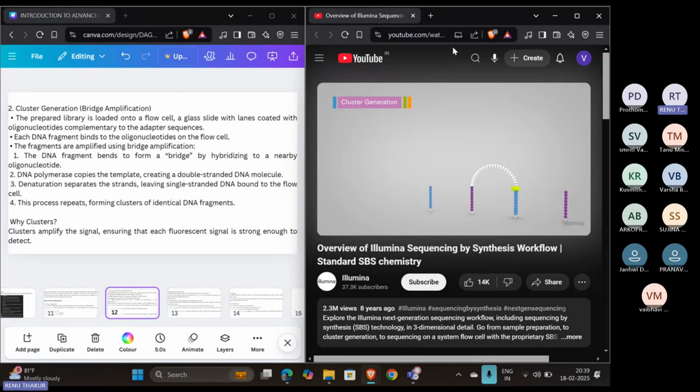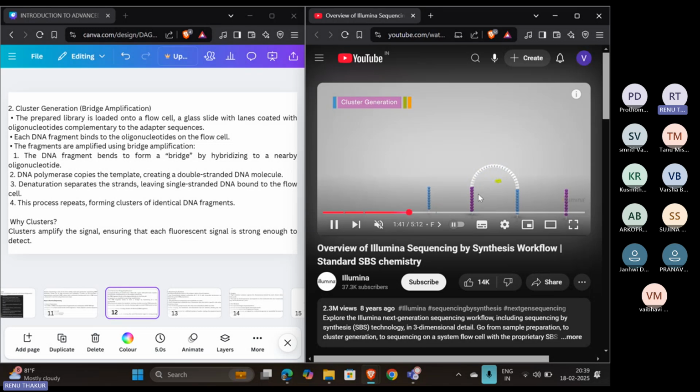Next, DNA polymerase copies the template and creates a double-stranded DNA molecule. DNA polymerase, as you know, helps in DNA replication. Denaturation then separates those strands, leaving single-stranded DNAs bound to the flow cell.